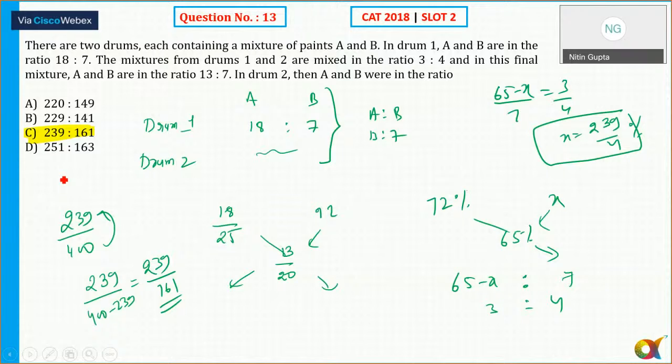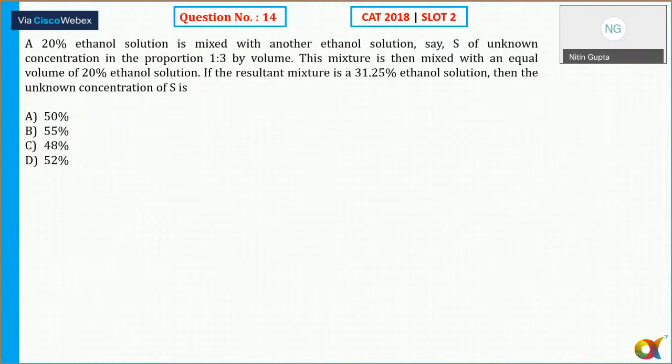So 14 now. Again, based on mixtures and solution, it says a 20% ethanol solution is mixed with another ethanol solution. So there is one solution where 20% ethanol solution is mixed with another of unknown concentration S percent, let's say, in the ratio 1:3.